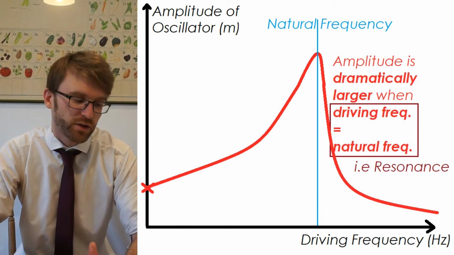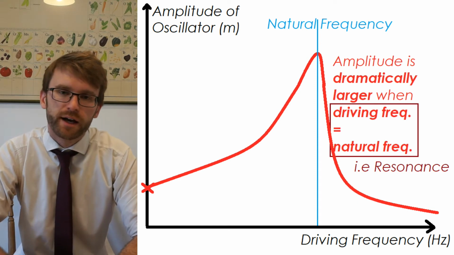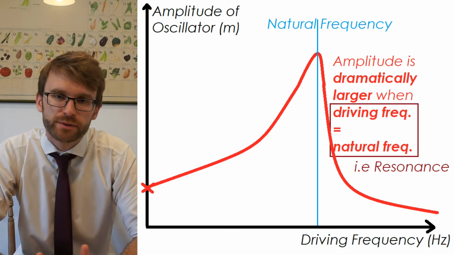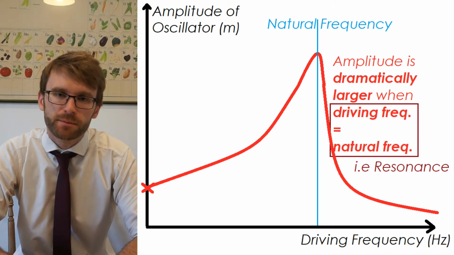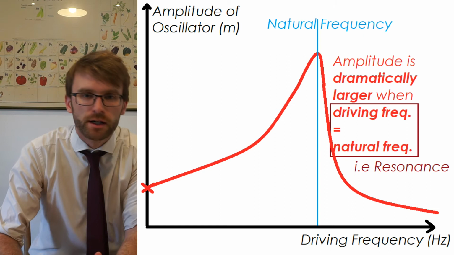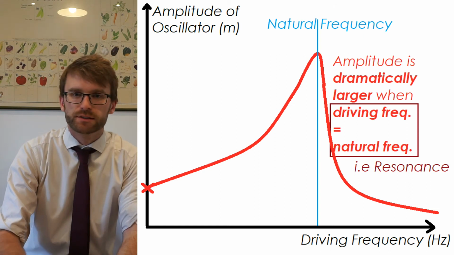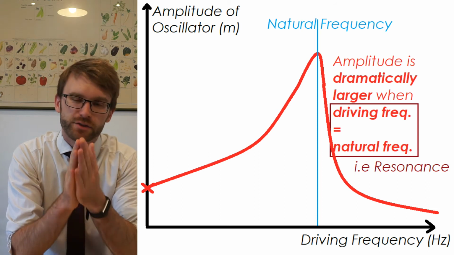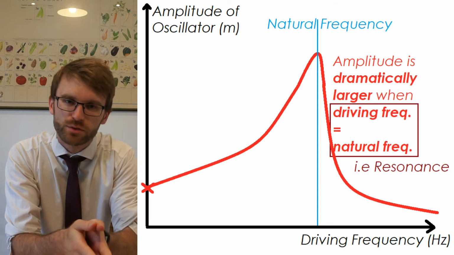That's how that graph works. It's just showing you that where your driving frequency is the same as your natural frequency, you get a massive spike in amplitude. And that massive spike in amplitude is called a resonance. Resonance only occurs where the driving frequency is the same as the natural frequency.